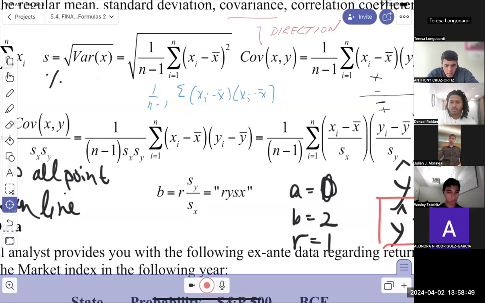The slope and R are related; they have the same directionality. However, they're used for different things. R is the strength and direction, and B is the proportional relationship, the trend, the slope.